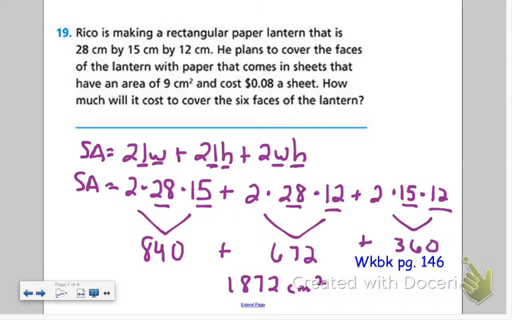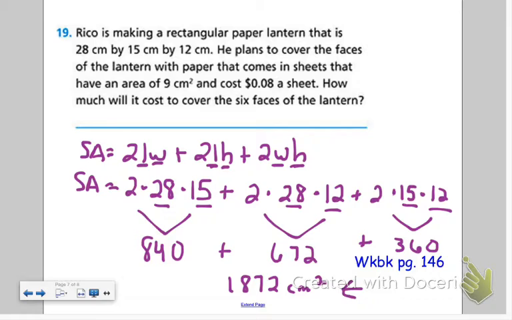Now it says that the paper comes in sheets that have an area of 9 square centimeters. Well, this is 1,872 square centimeters. I have to figure out how many of those 9 square centimeter sheets I can fit in that 1,872 square centimeters. I have a division problem here.